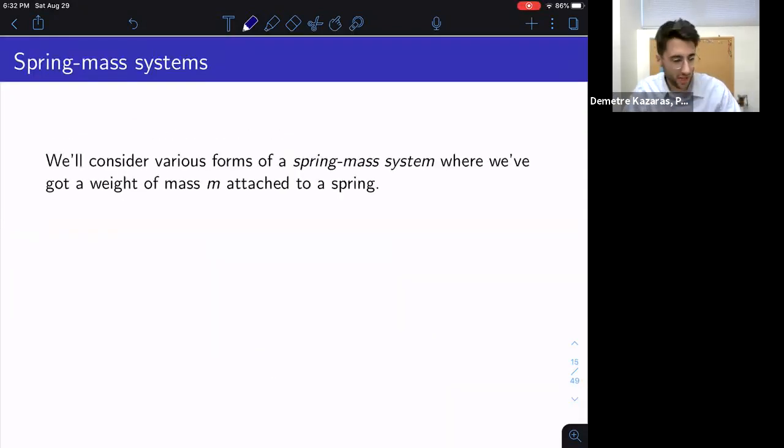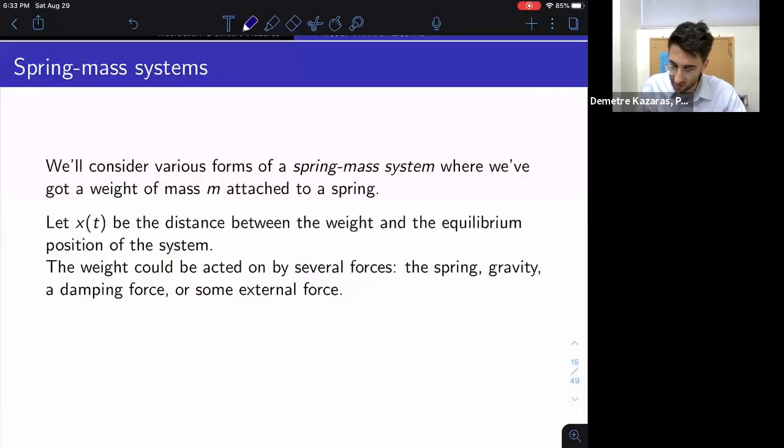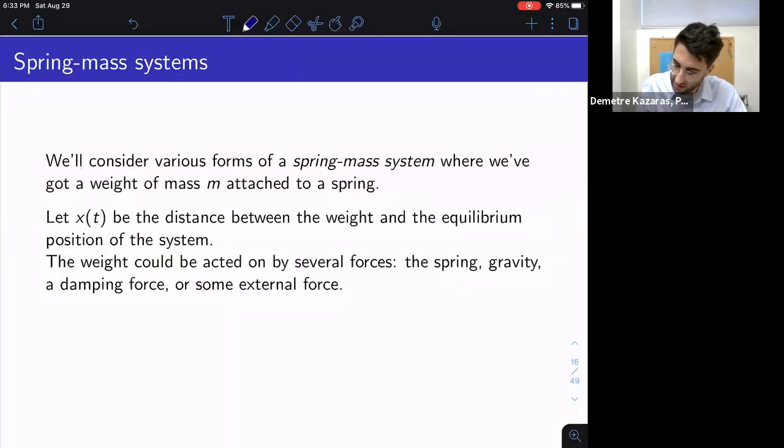Okay, but just to give you an idea of the main fundamental physical interpretation of these equations, which we'll return to again and again, and we'll study in depth, let's look at a mass spring system. So let's imagine the following situation. On your ceiling, you screw in a spring.